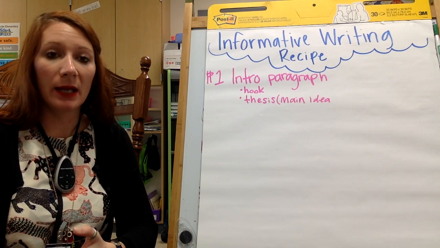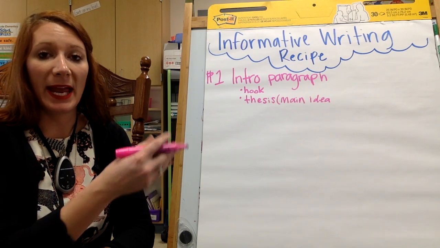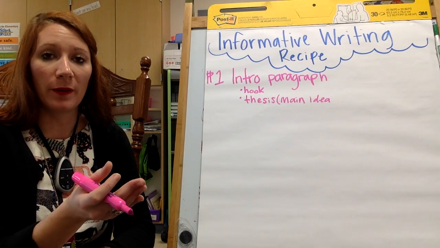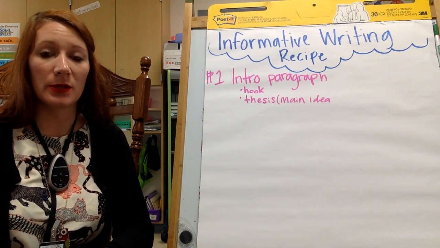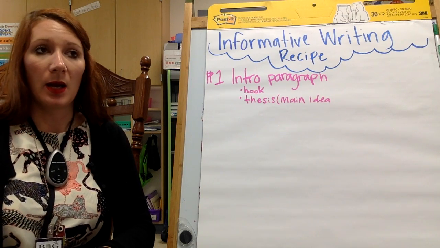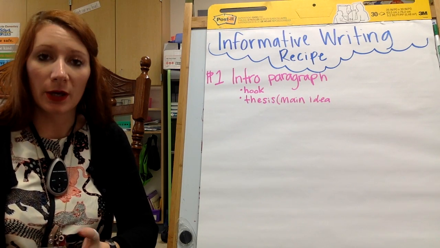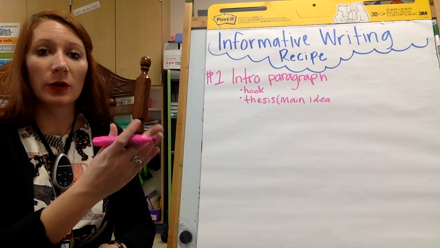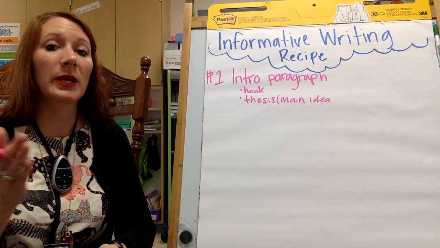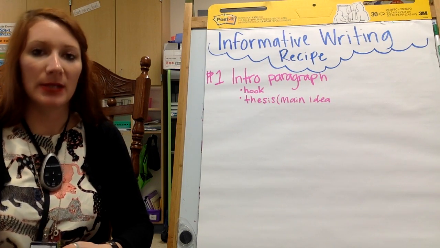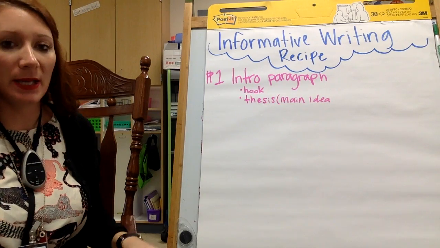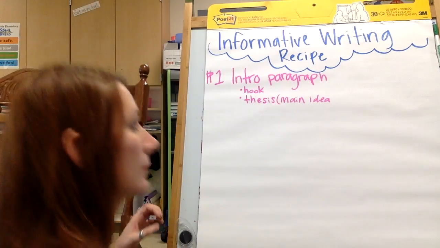So, your main idea is that your health product improves your health because of reason 1, reason 2, reason 3. If you chose a health process like yoga or soccer, you might say, this sport or this activity is healthy for you because reason A, B, or C. So let's go ahead and write that main idea recipe for our thesis here as well.